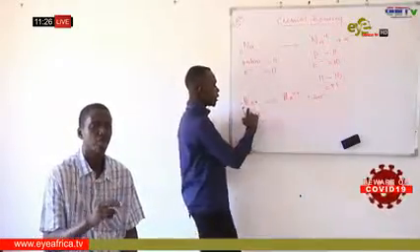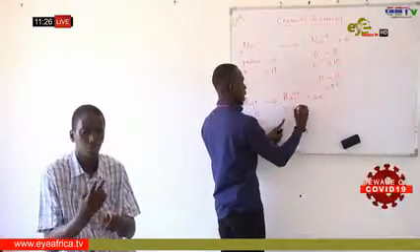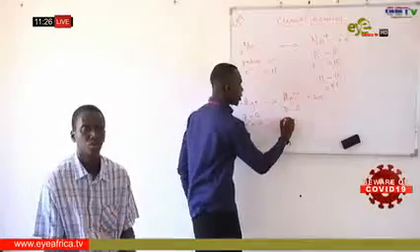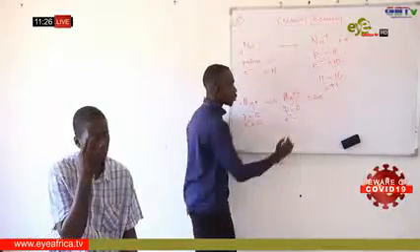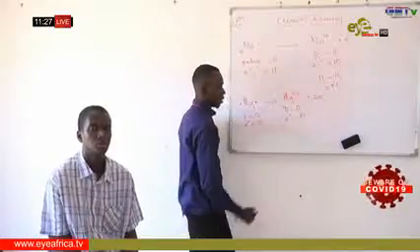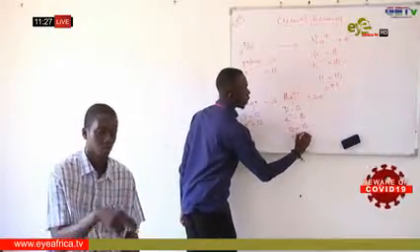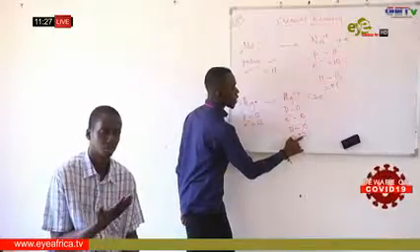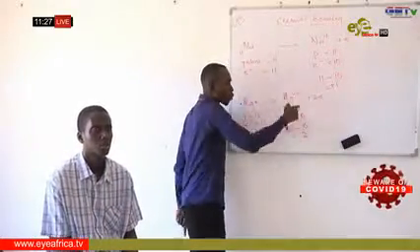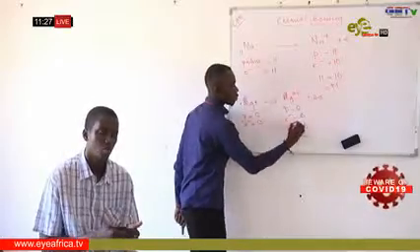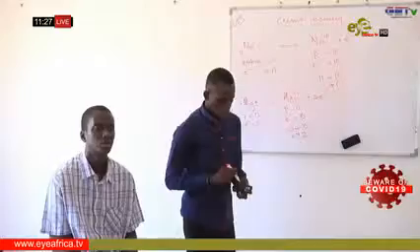But when the magnesium donates 2 electrons, we'll still have the proton number as 12, but the electron number becomes 10. Then you say 12 minus 10, and you'll have 2. But this 2 is the number of protons in excess. It means you have 2 more protons than the electrons. That's why we say it's plus 2. And here we have Mg as plus 2.